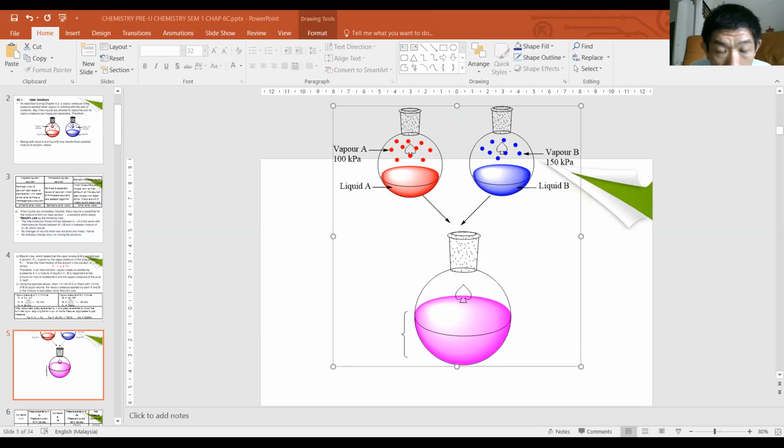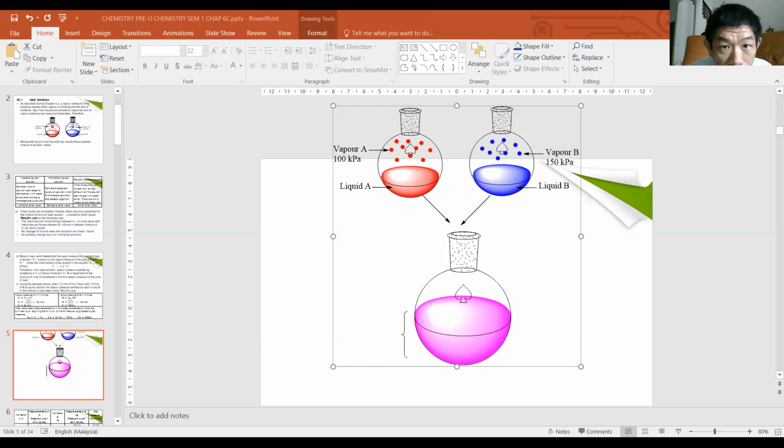Whereas here, you shall have PB. You calculate the two individual PA and PB, PB equals XB times PB naught. So in the liquid phase, you are going to apply Raoult's law.